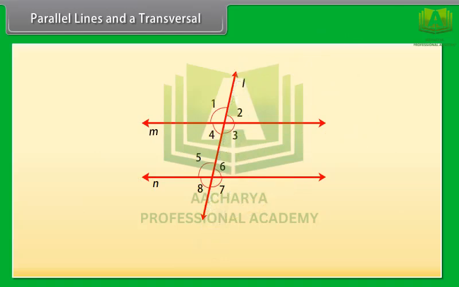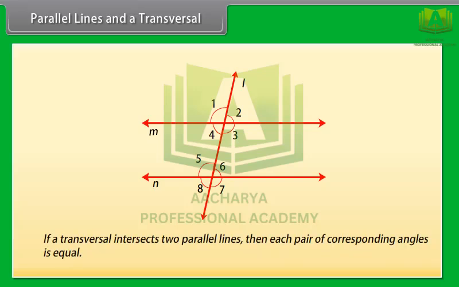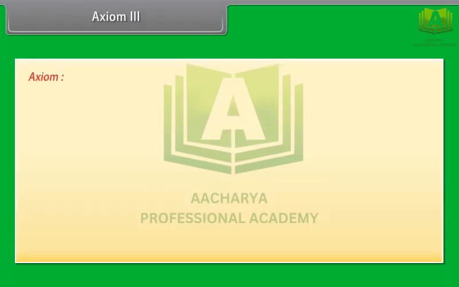Now, if we measure any pair of corresponding angles, we find that angle 1 is equal to angle 5, angle 2 is equal to angle 6, angle 4 is equal to angle 8, and angle 3 is equal to angle 7. For this, we get one more axiom, which is, if a transversal intersects two parallel lines, then each pair of corresponding angles is equal. Axiom.